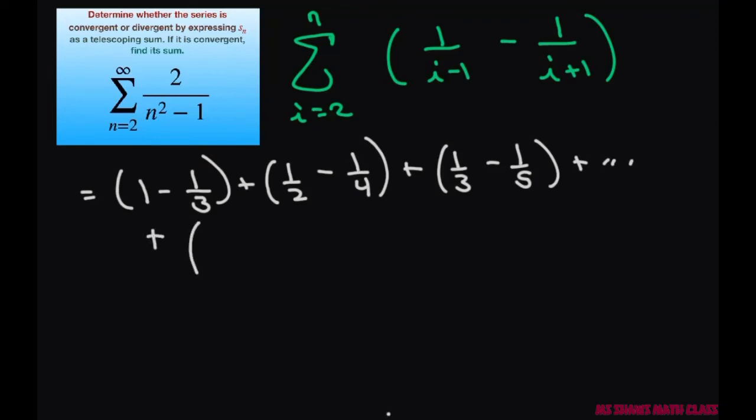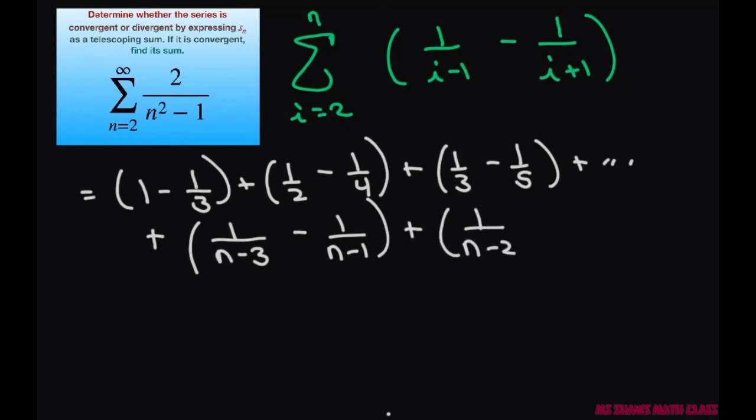plus 1 divided by n minus 3 minus 1 divided by n minus 1 plus 1 divided by n minus 2 minus 1 divided by n. Now let's see, with the telescoping series, terms cancel out like a telescope, like a pirate's telescope when it collapses.